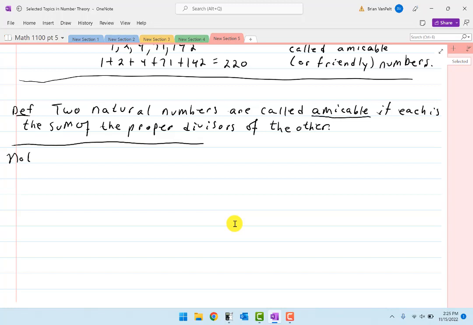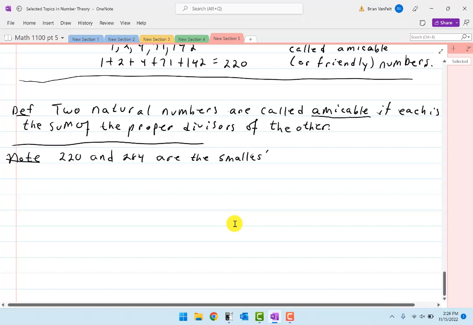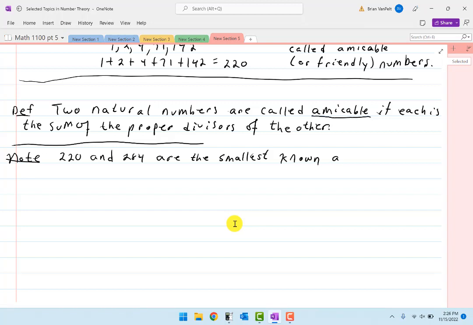Note, 220 and 284 are the smallest known amicable numbers.